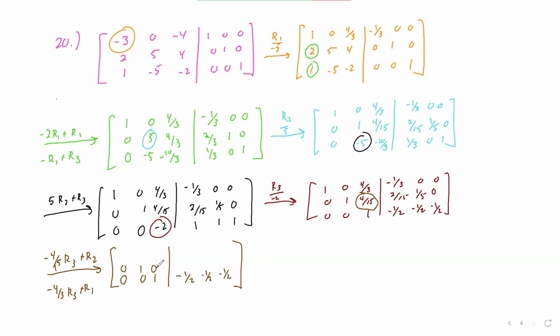So this would be -4 divided by 15 times -1 divided by 2 plus 2/15. That gives us 4/15.